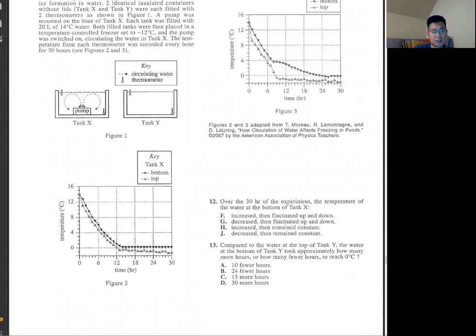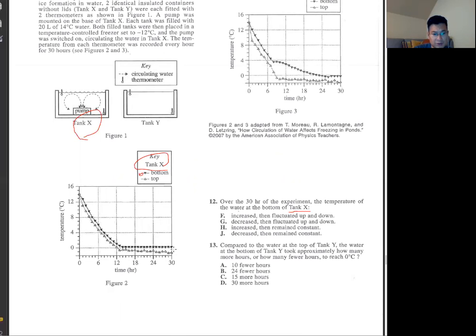So the question number 12. It says over 30 hours of experiment, temperature of water in the bottom of tank X. So tank X, if you think about it, this one, right? That's how it looks like. And then tank X, which is figure 2, is tank X. And then if you see the bottom is the reverse triangle, which means bottom is going down slowly, slower and slower, and then it decreases.